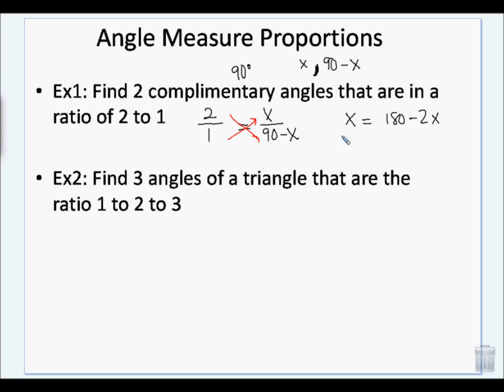Sorry. So I get 3x is equal to 180. So x is going to be 60. So then what's 90 minus x? 30. So my two angles are 30 and 60.